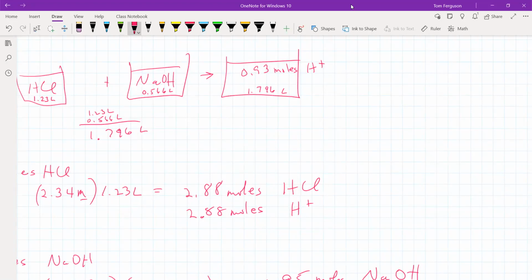Okay, we have 0.93 moles of H plus in 1.76 liters of water. What's the concentration of H plus?